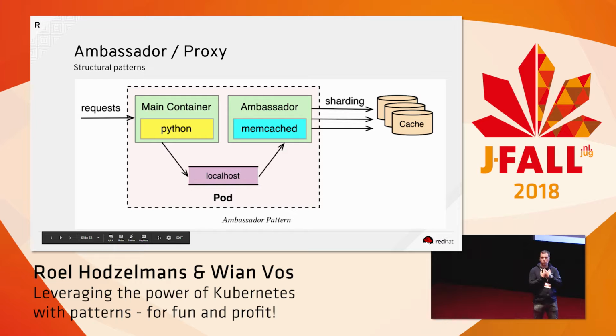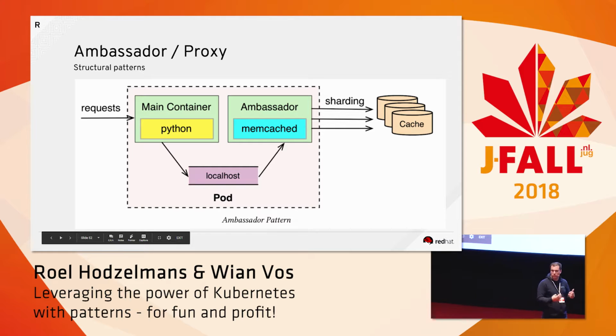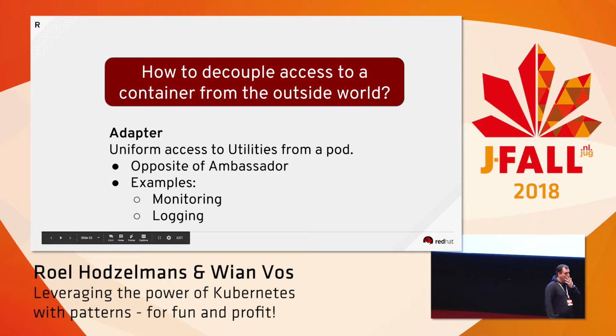I just want to speak to my memcache service. So it's a simple way of abstracting away implementation logic that does HA or load balancing or circuit breaking of services. And the other way around is also possible.